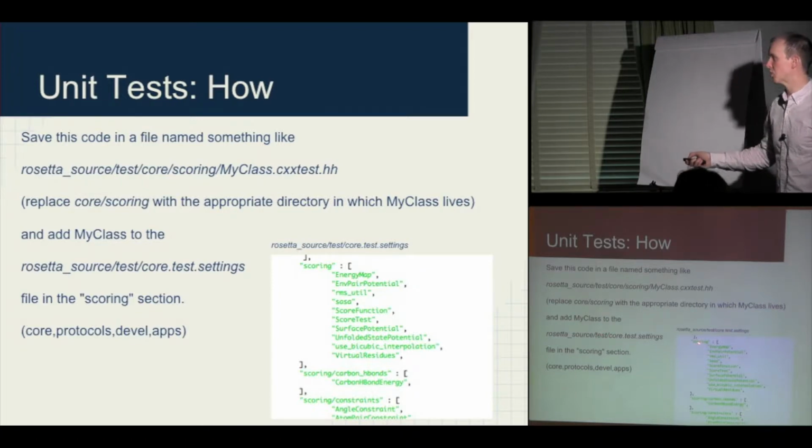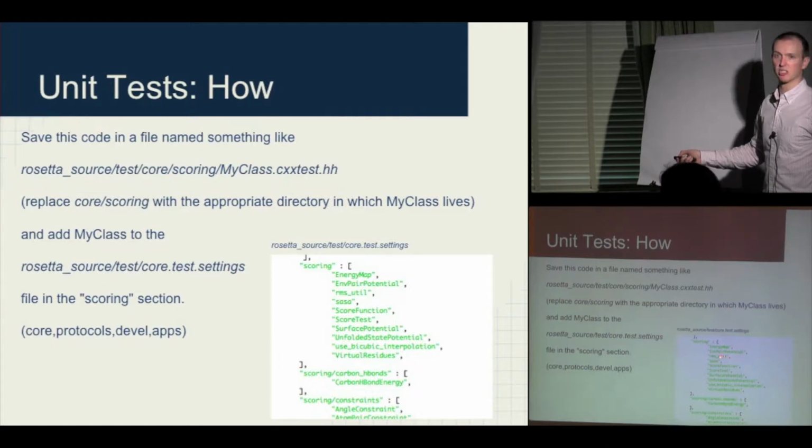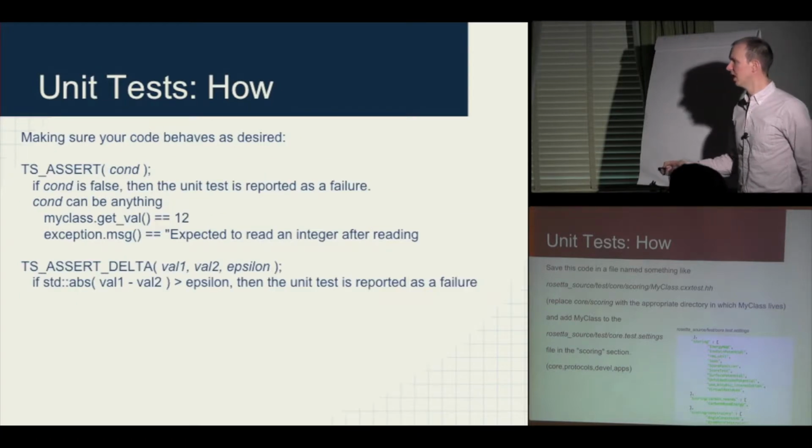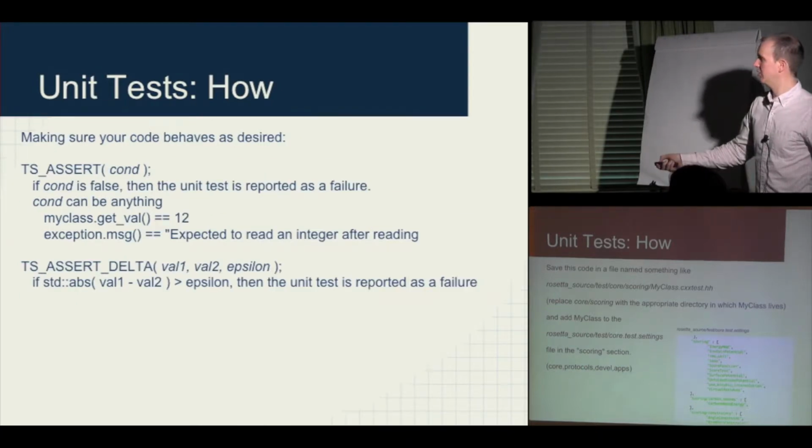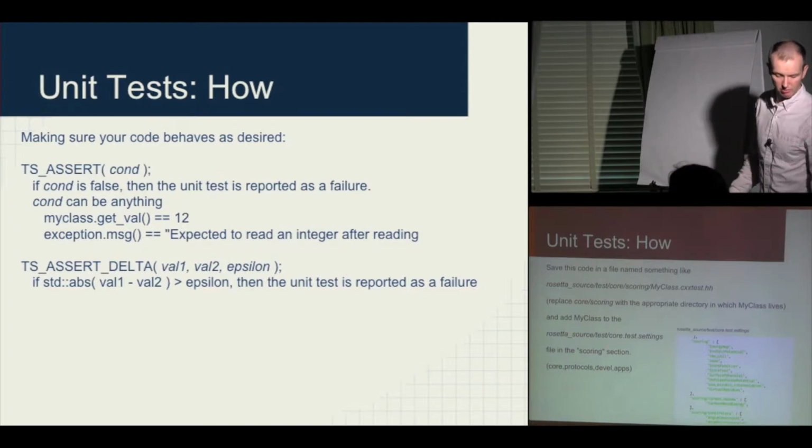So if this were the scoring, so if I've got a snippet of this file, here's a scoring directory, and I would add my class just to this list right here. So in between E and R there. Right, and so there are these equivalent files again for each of the libraries that we have.